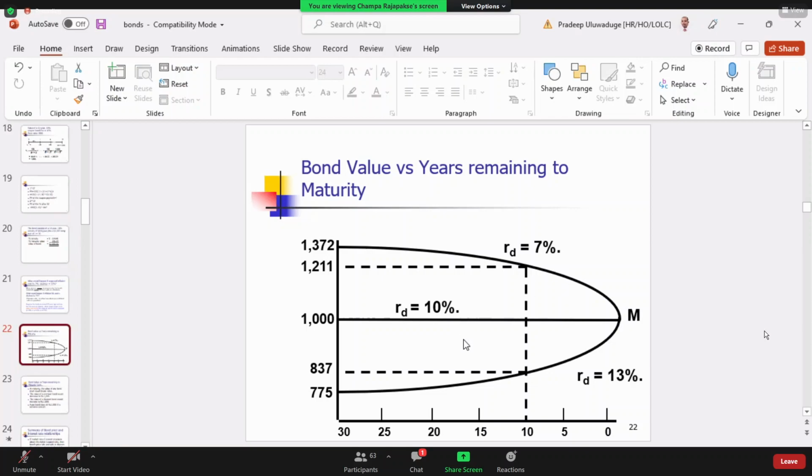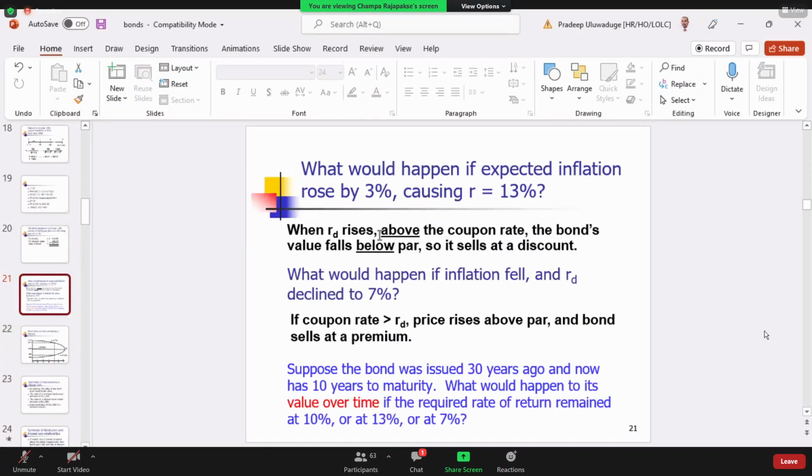On the other hand, if the interest rate or the discount rate is greater than the coupon rate, we said that the bond will sell at a discount.